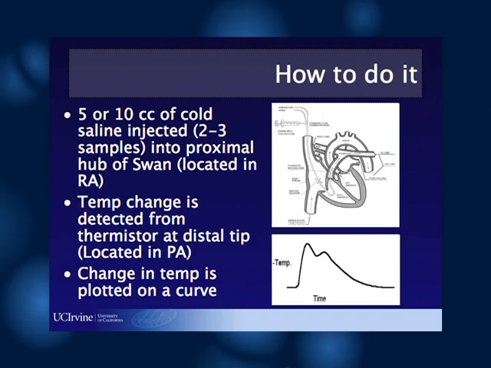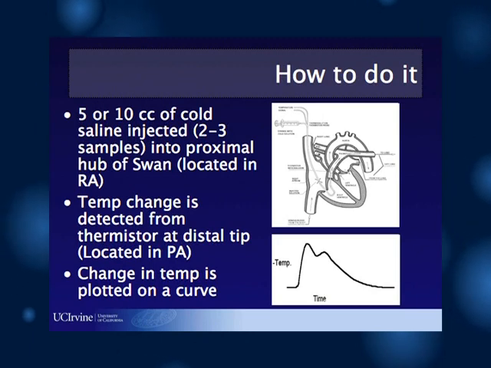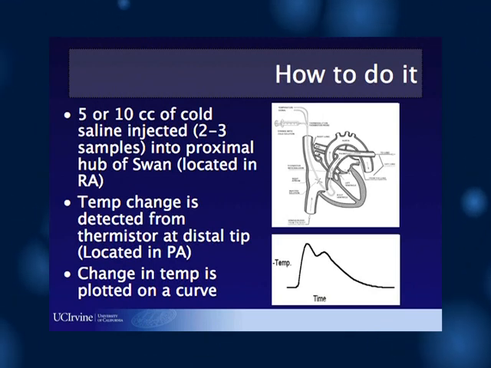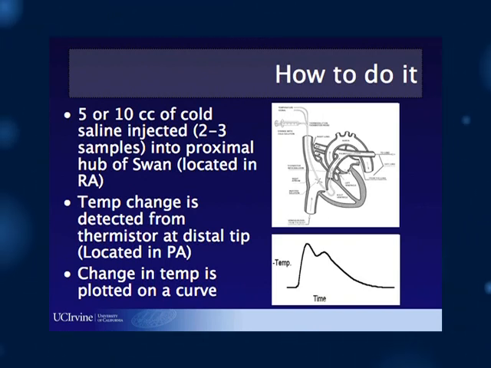Now, the room temperature saline is considered cold relative to the 98-degree blood temperature of normal individuals. The next step is to identify the temperature change which is detected at the thermistor tip, located now in the pulmonary artery, and the curve of this temperature change can be used to calculate the amount of blood that flows across the thermistor.